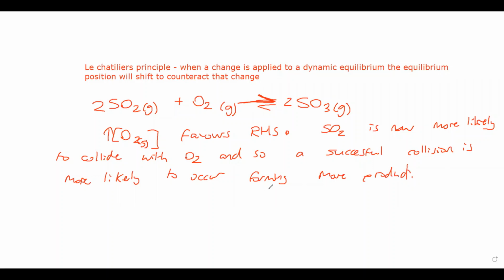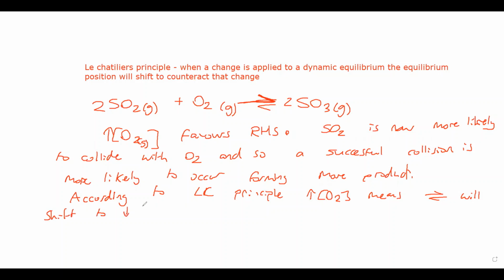So we can also say that increasing the concentration of O2 means the equilibrium position will change in order to decrease the concentration of O2. So we can say, according to Le Chatelier's principle, I'm just going to say LC. So according to Le Chatelier's principle, increasing the concentration of O2 means the equilibrium will shift to decrease the concentration of O2.